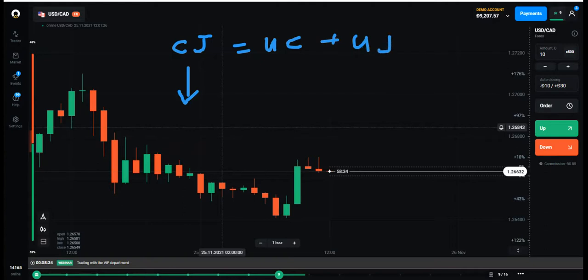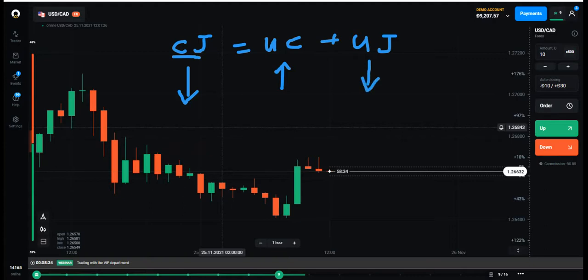So for CAD yen to be a high probability sell, we need weakness in the CAD. So weakness in the CAD here means strength in the dollar CAD, and weakness in the CAD yen to go short means strength in the yen, which means weakness in the dollar yen.